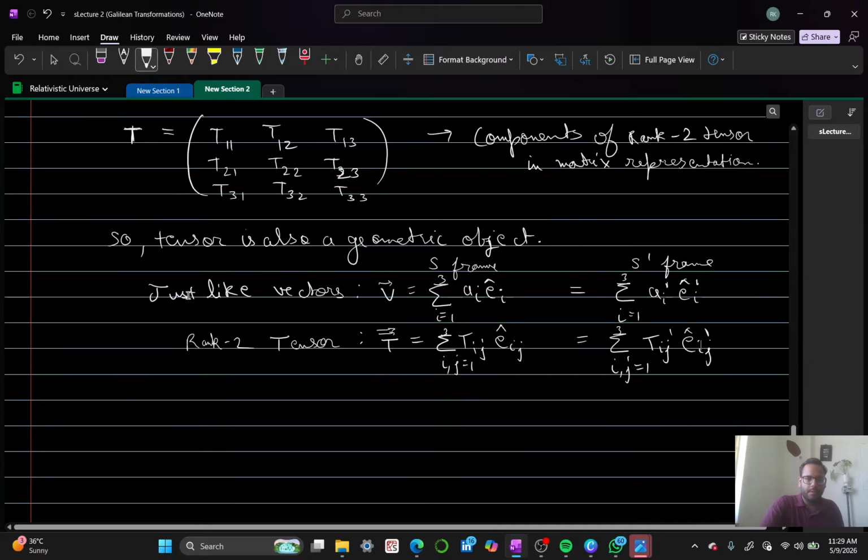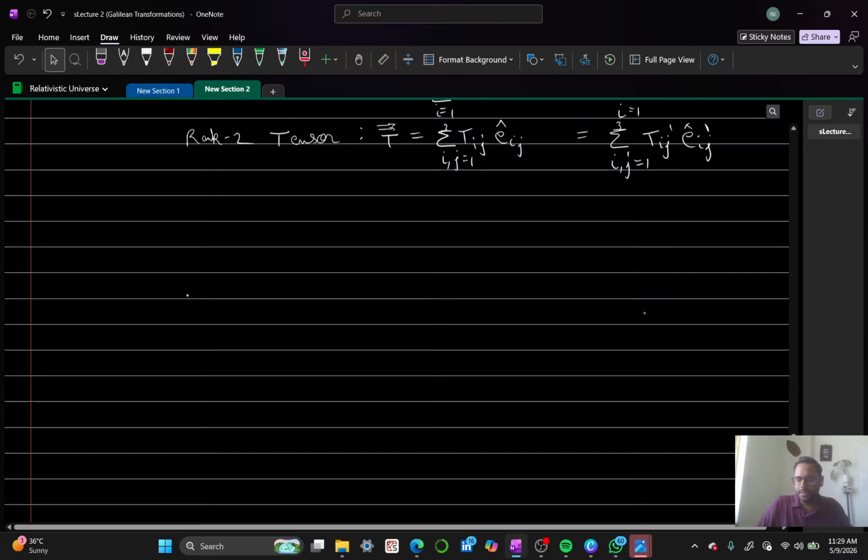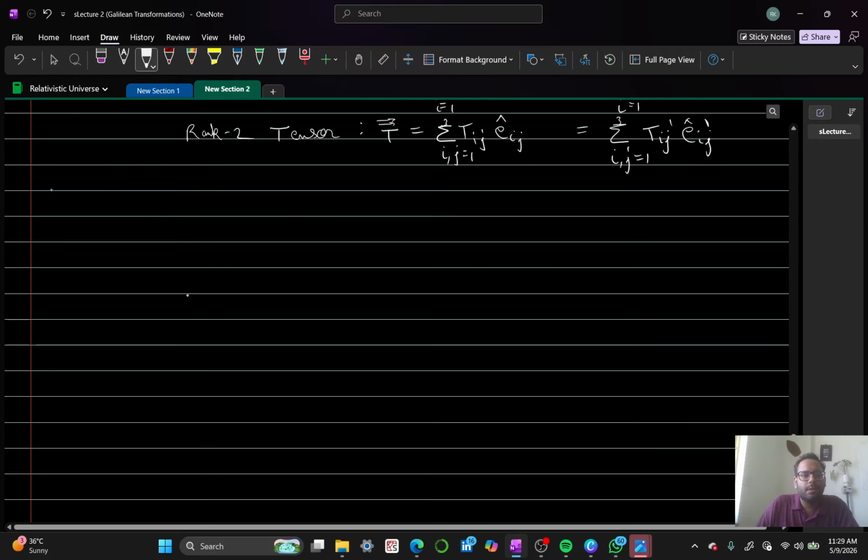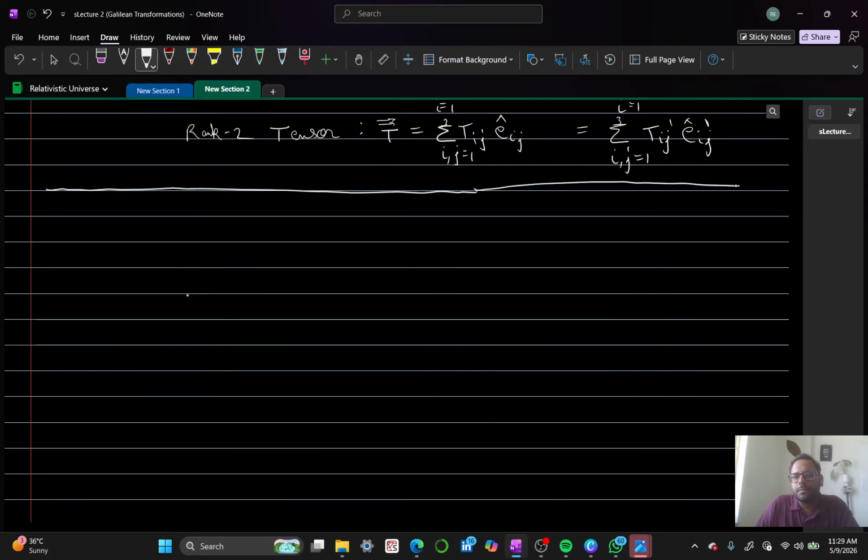Okay, so in the previous class I gave you some question regarding the magnitude of the vector. There I had a vector which had some representations, and I told you that these representations are equivalent.